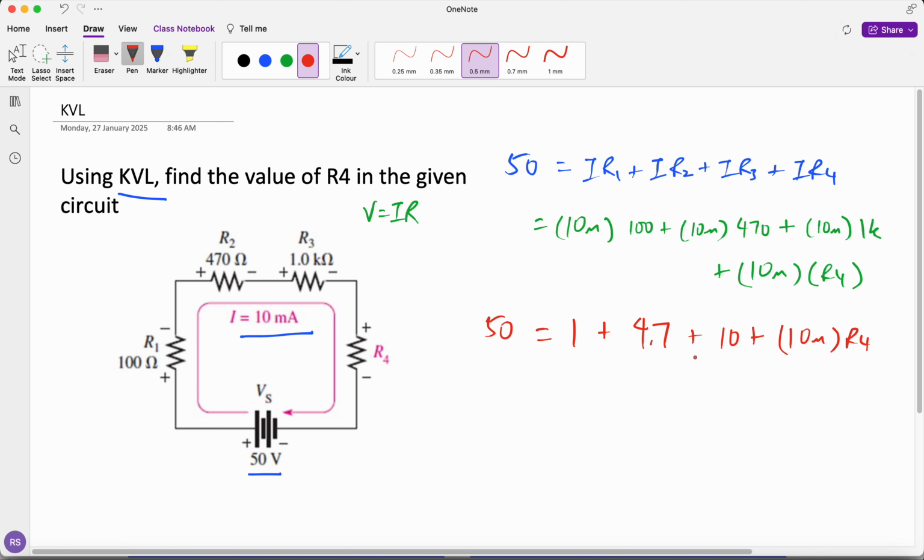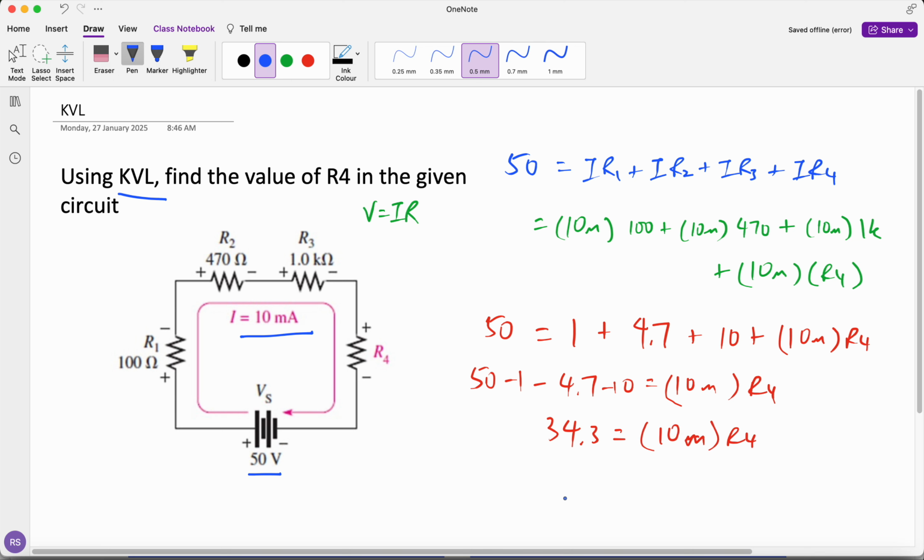So I bring the first three terms to the other side, so I'll get 50 minus 1 minus 4.7 minus 10 is equal to 10 milli multiplied by R4, and this will give me 34.3 equals 10 milli multiplied by R4.